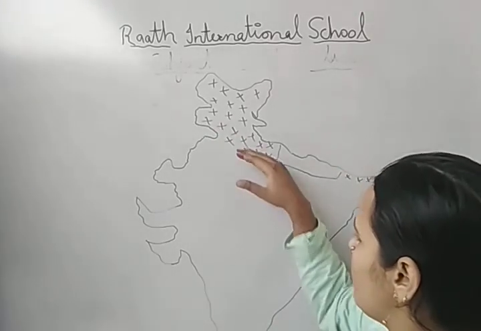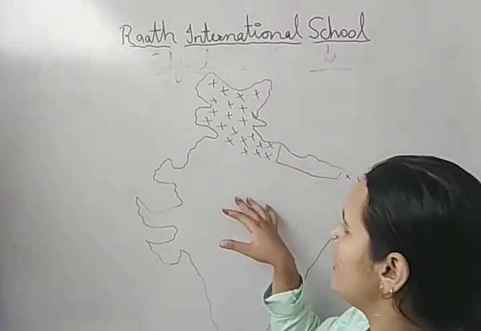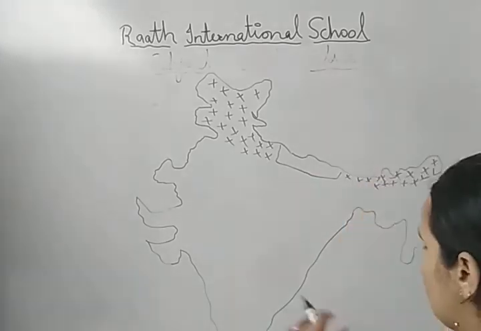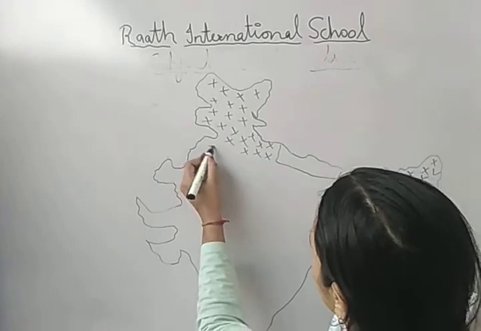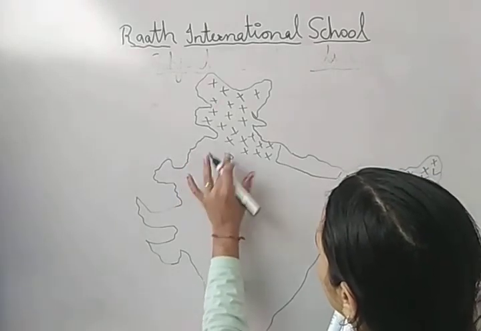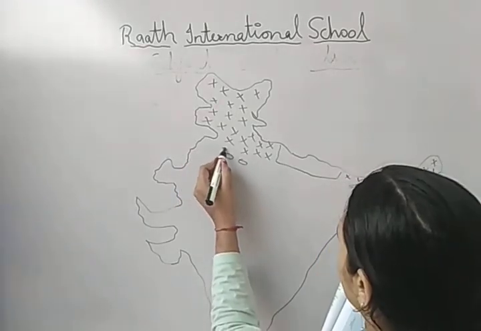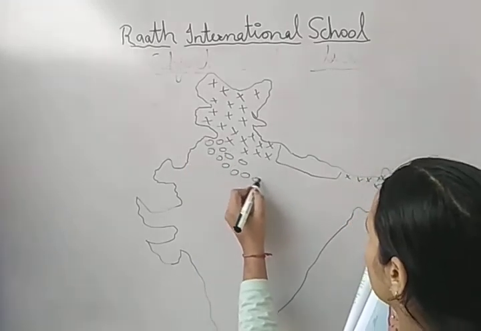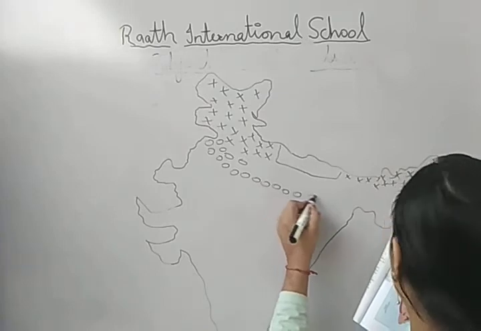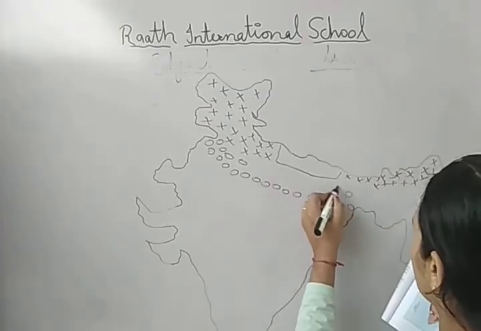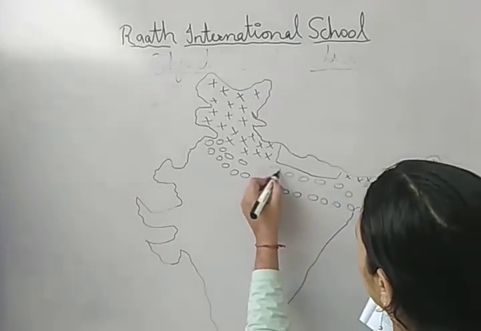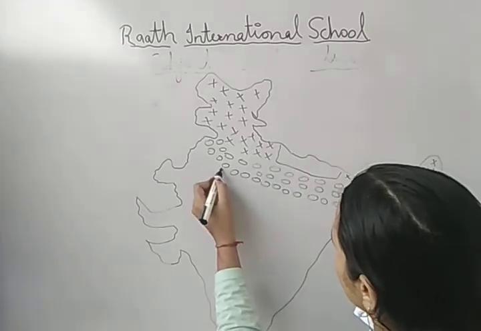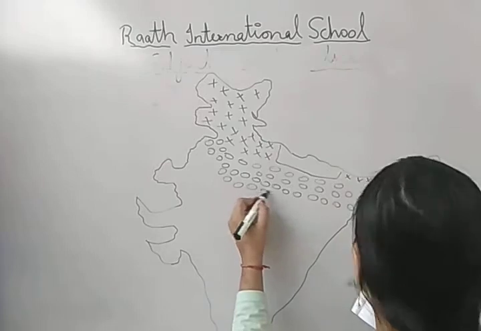just below the mountain soil, that is our northern plain, which is covered with alluvial soil. So this is our northern plain.